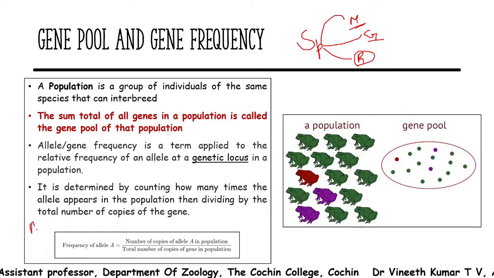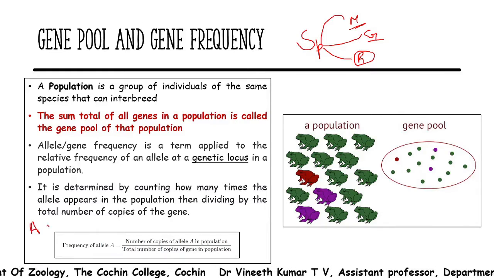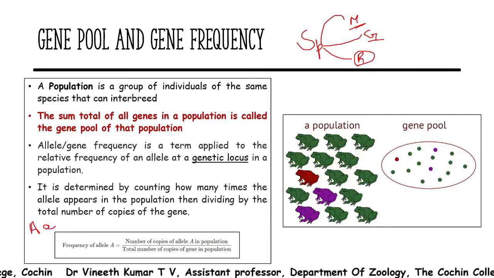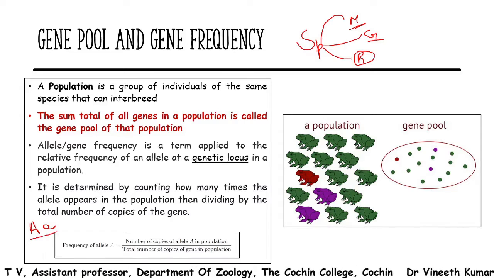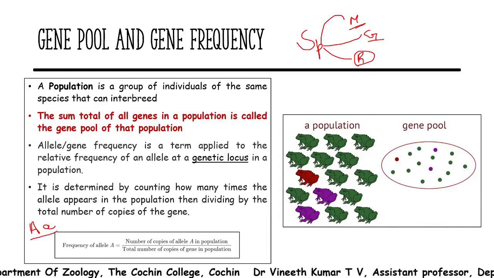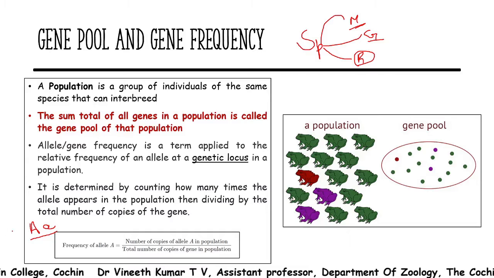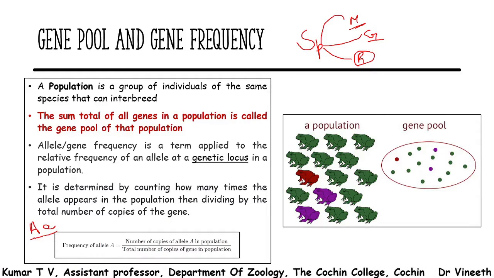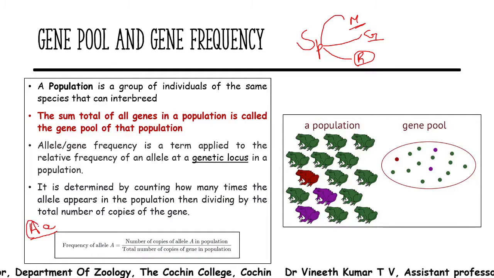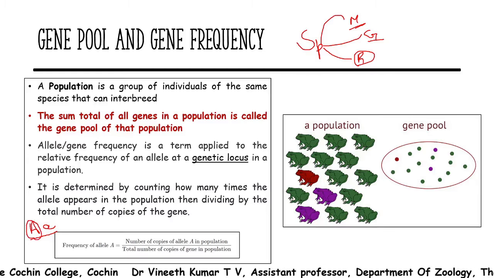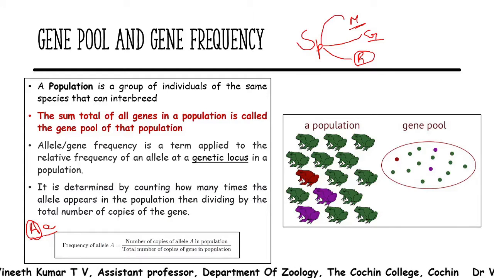I'm taking only two alleles here, a capital A and a small a, which represent the gene for flower color. Now I need to find out the gene frequency, or the allelic frequency, of this capital A.